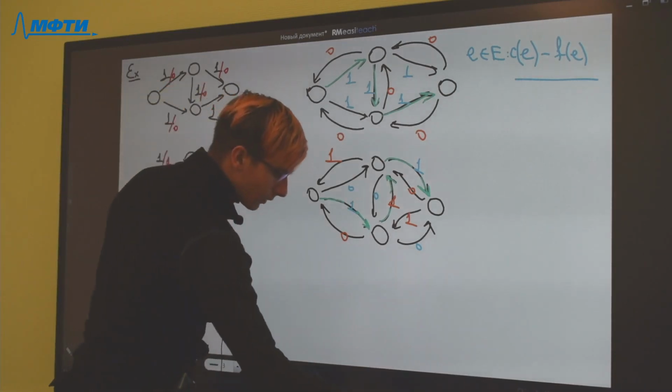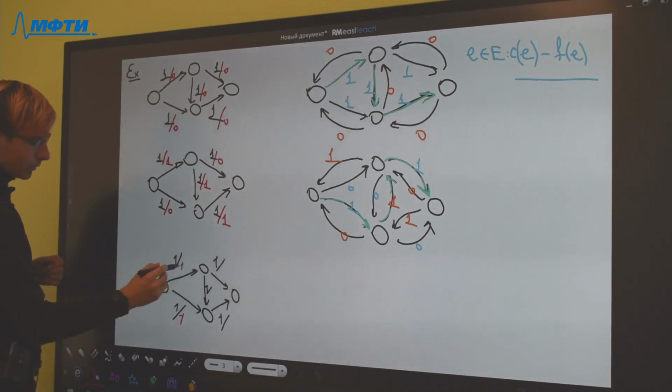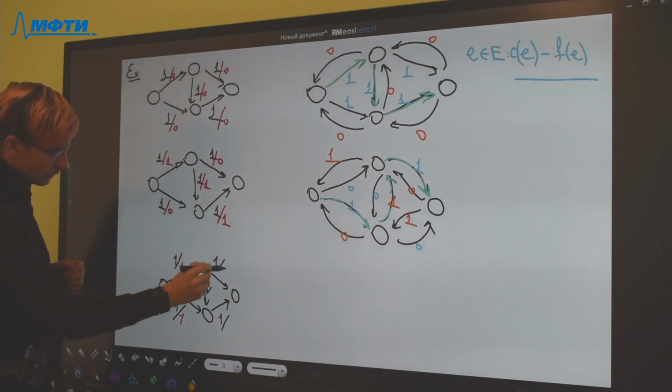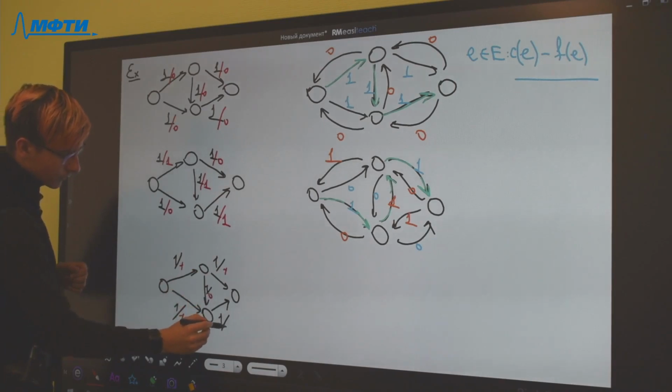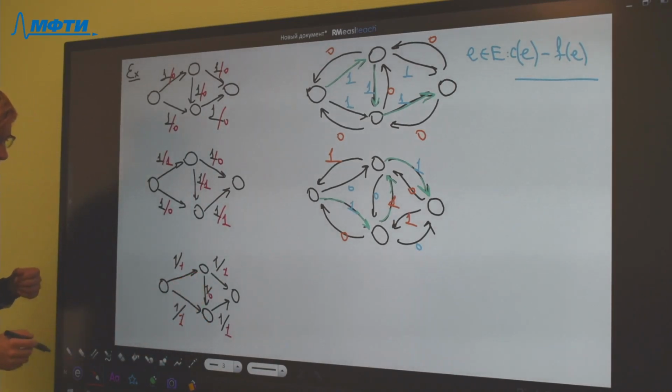And now we have flow that has value equal to 2. We can see that we increase the value of the flow.